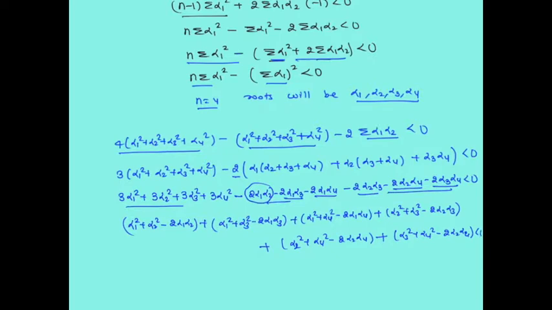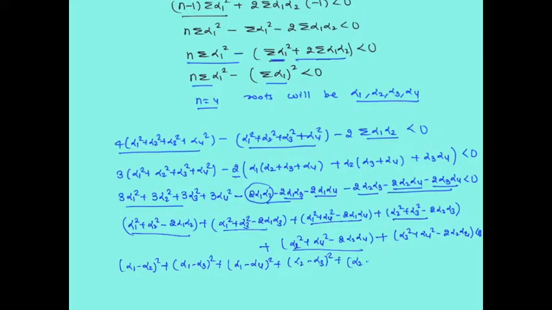This will become alpha 1 minus alpha 2 whole square plus alpha 1 minus alpha 3 whole square plus alpha 1 minus alpha 4 whole square plus alpha 2 minus alpha 3 whole square plus alpha 2 minus alpha 4 whole square plus alpha 3 minus alpha 4 whole square is less than 0.